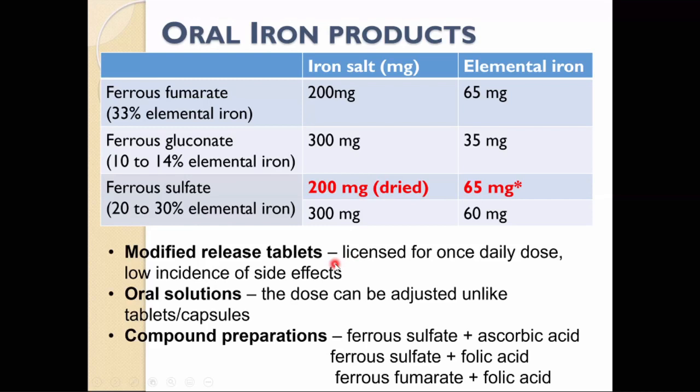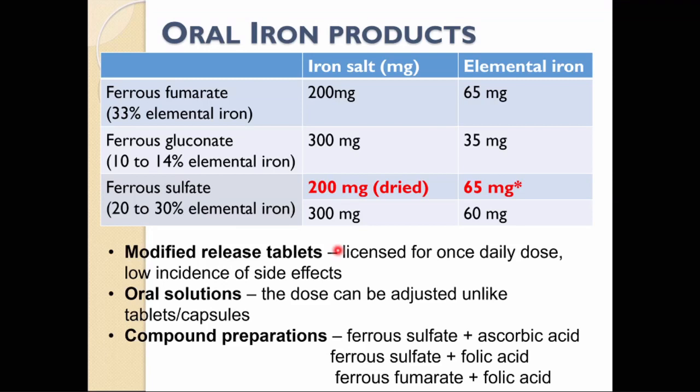And there are different dosage forms. You have the immediate release tablets and you have the modified release tablets. Modified release tablets can be given once daily, but what it does is that it releases the iron quite slowly, and it can pass from the duodenum to the jejunum, etc. Because it releases the iron slowly, the incidence of side effects is also low.